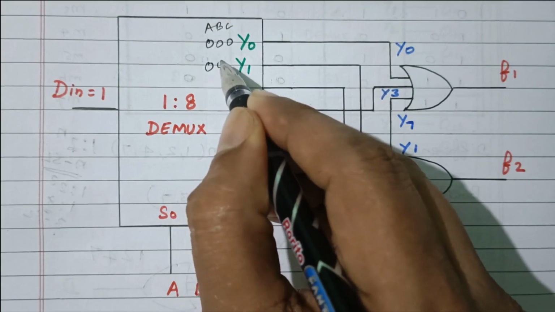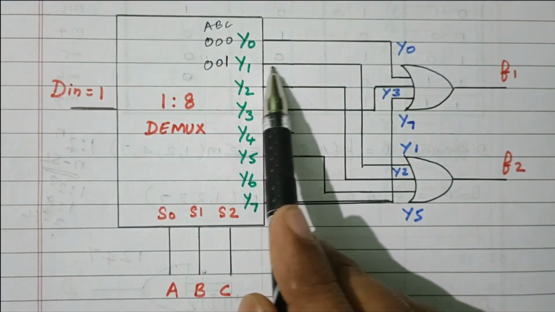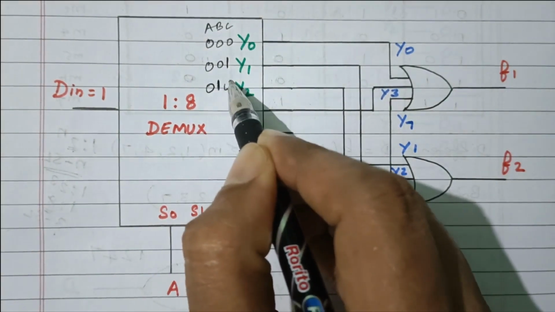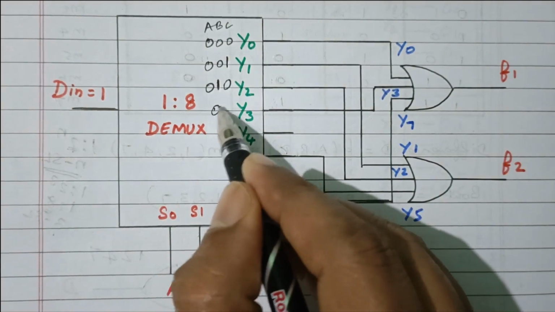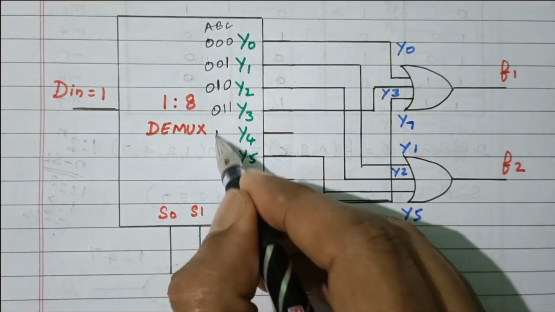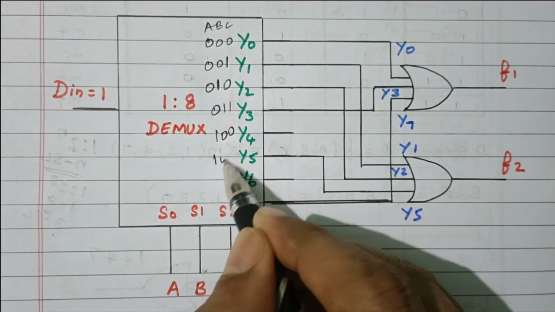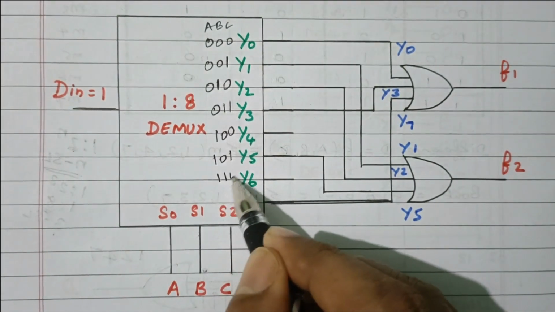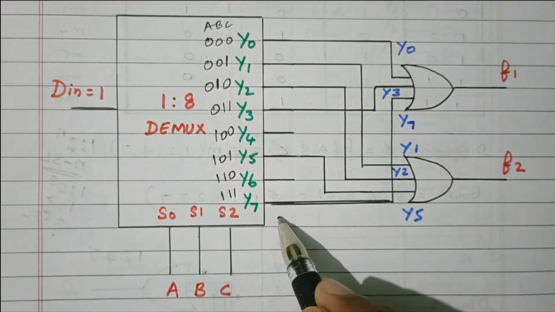If ABC is 0, 0, 1, then Y1 will produce the output. Other outputs are 0. Similarly, 0, 1, 0 means Y2 will produce the output. 0, 1, 1: Y3. 1, 0, 0: Y4. 1, 0, 1: Y5. 1, 1, 0: Y6. 1, 1, 1 means Y7.